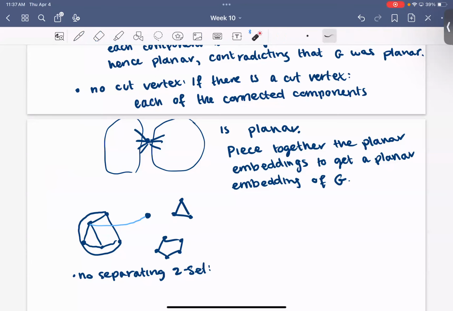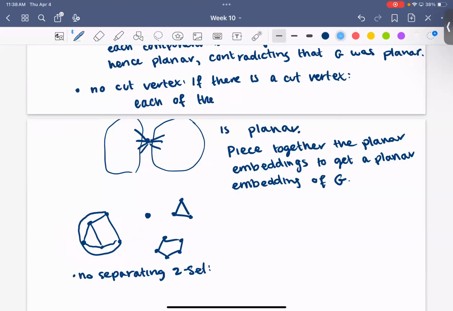So let's just stare at this subgraph of G. Since G is minimal non-planar, this subgraph has to be planar. That is, not just the component, but the component together with the edges to that central vertex. So that has to be planar. Okay, I need to be more precise here. So piece together. Let's go back to this.